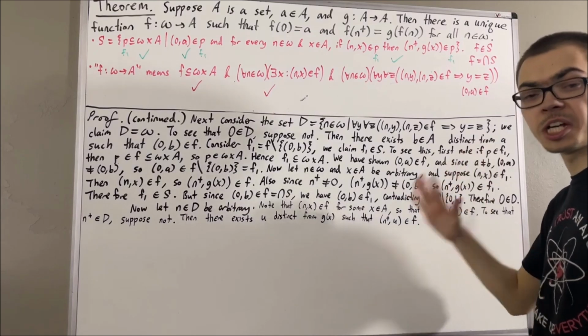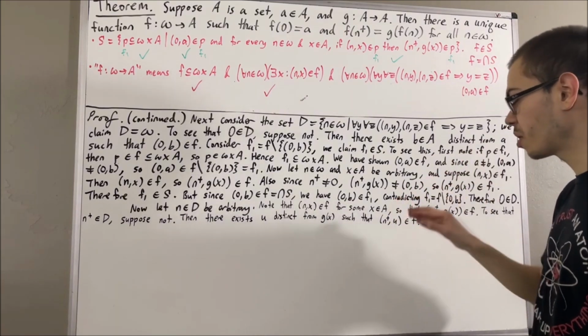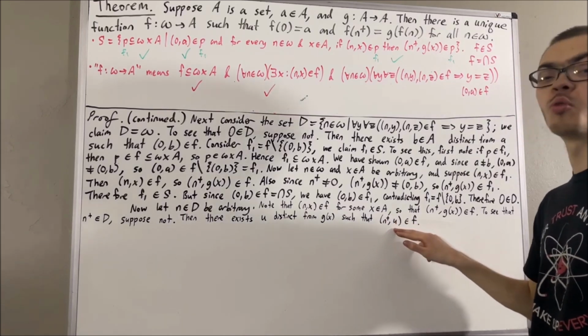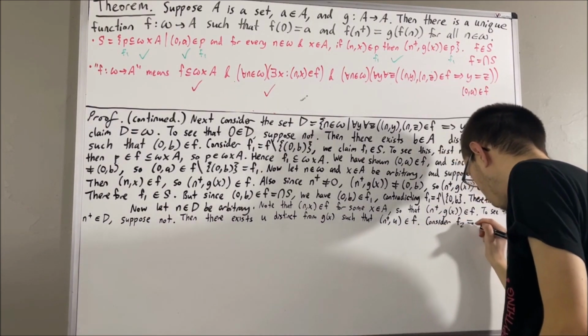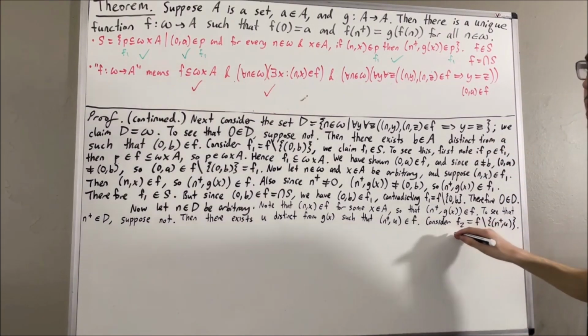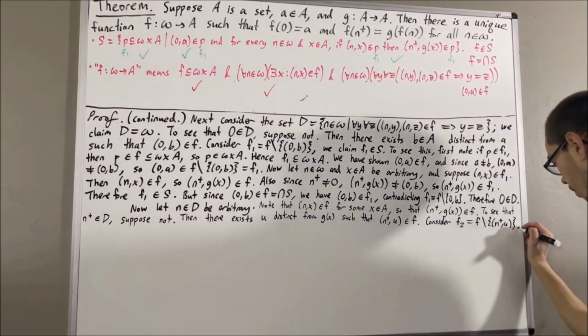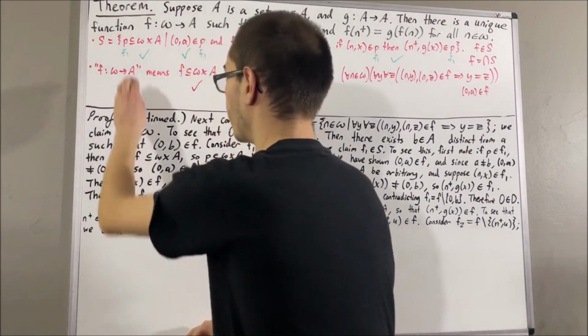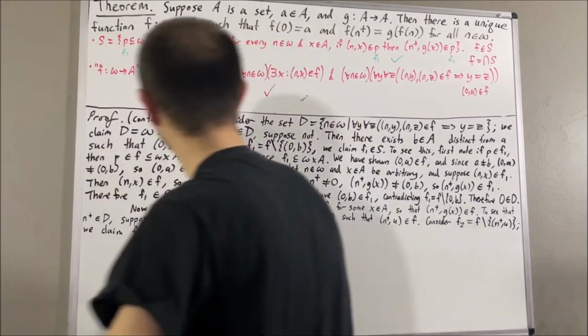The idea to reach a contradiction is to consider the set F with the ordered pair successor of n comma u removed. And the claim is that F2 is an element of S. And so to prove that, let's replace P with F2.